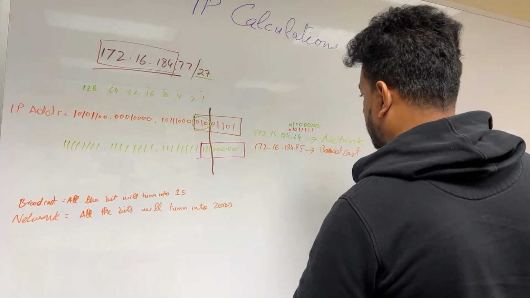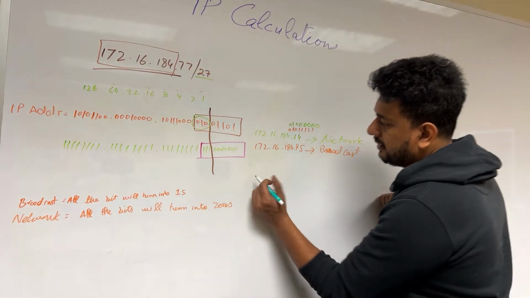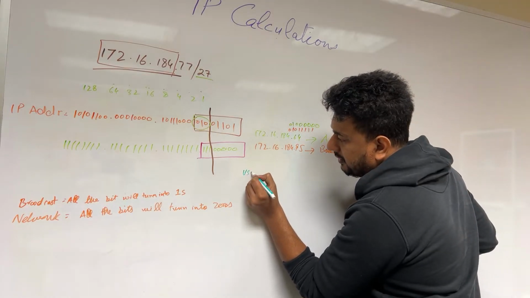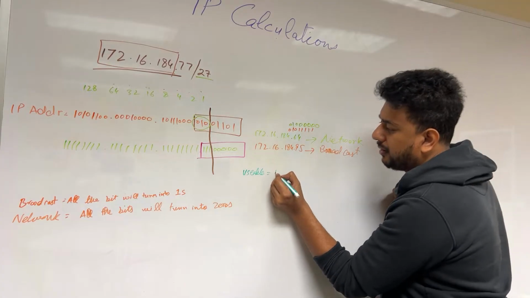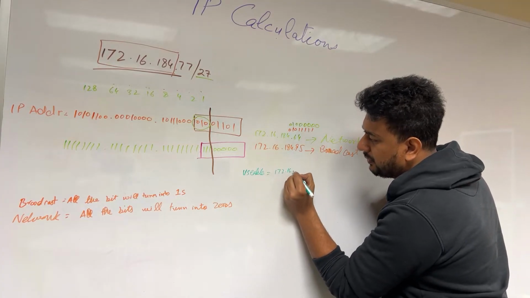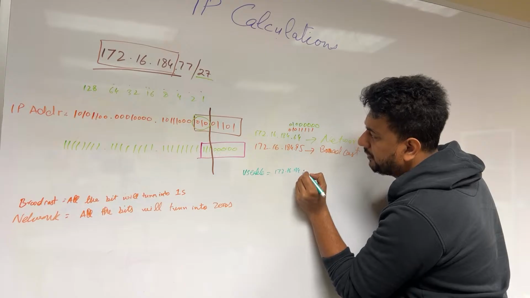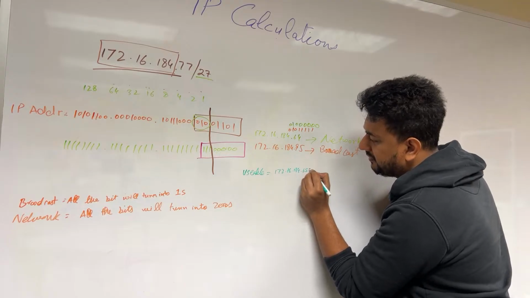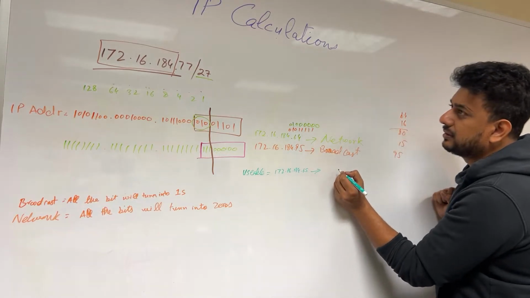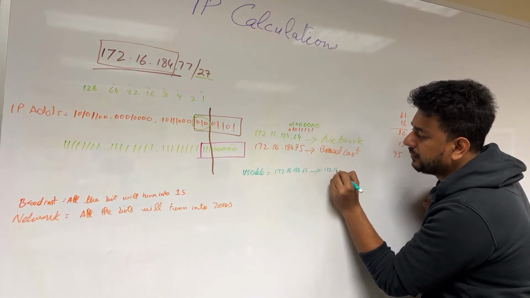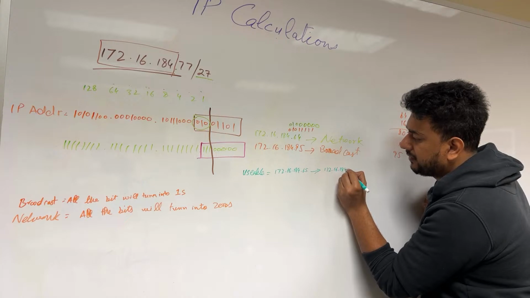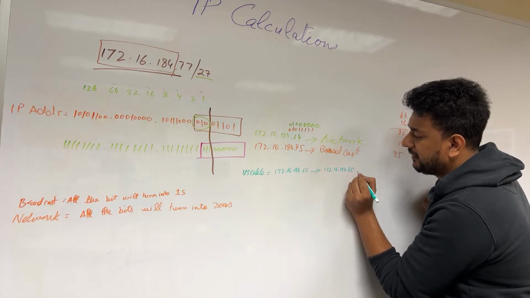So in this network, usable IP addresses are from 172.16.184.65 to 172.16.184.94.